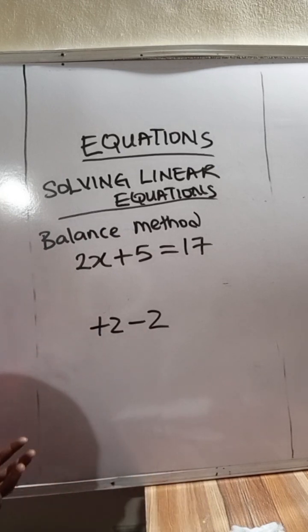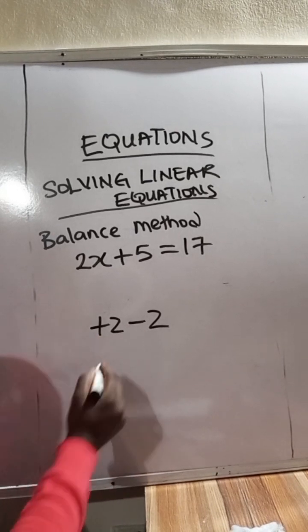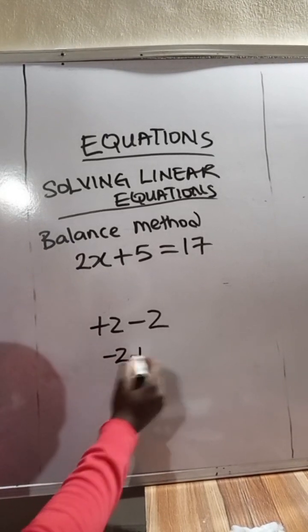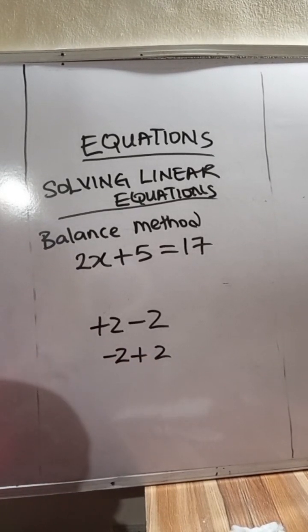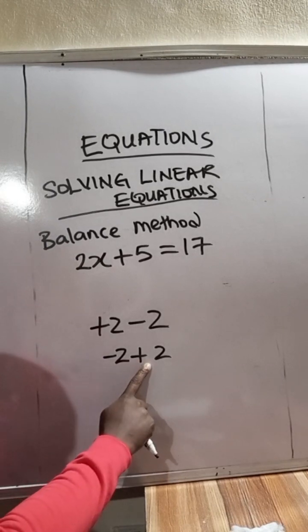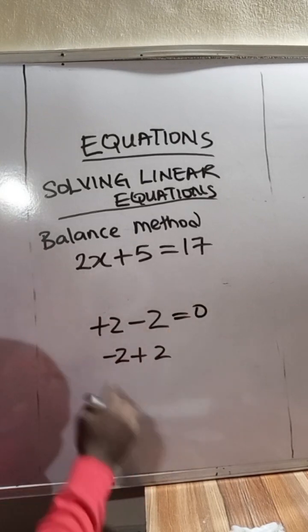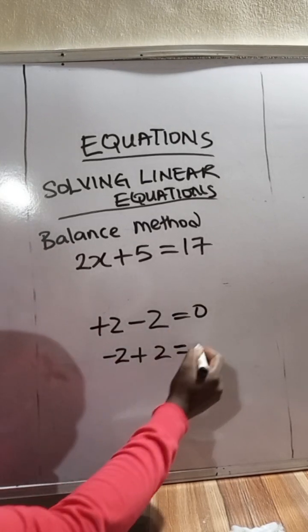He gave nothing. What he gave was 0, because he gave you $2 and took away $2. If someone takes away $2 from you and gives it back to you, how much did he take from you? Nothing. He took away $2 from you and then gave that $2 back to you. So plus 2 minus 2 is equal to 0. Minus 2 plus 2 is equal to 0.